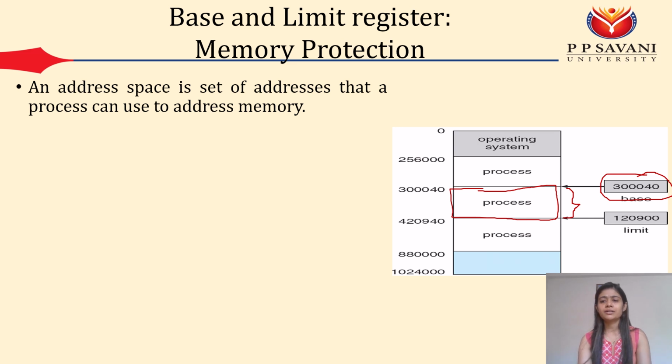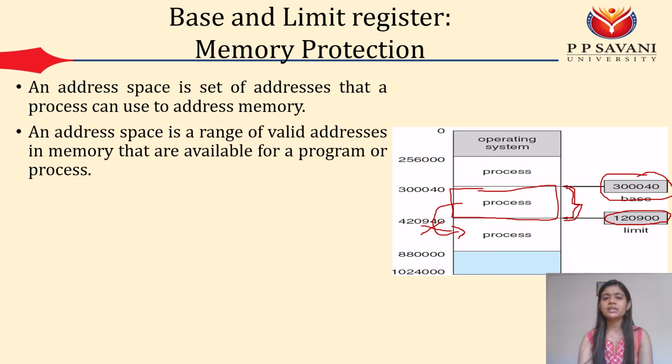Base plus limit gives me the ending address, the last address the process is allowed to use. Only this range is accessible by this process. If the process wants to access any data beyond that limit, that is not allowed, and that is called memory protection.